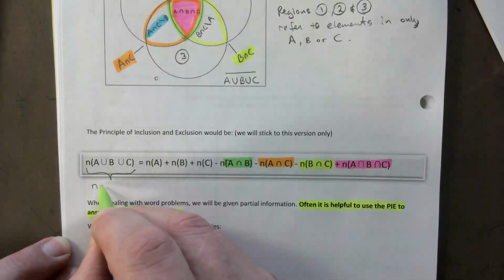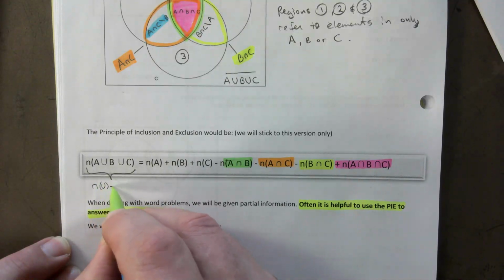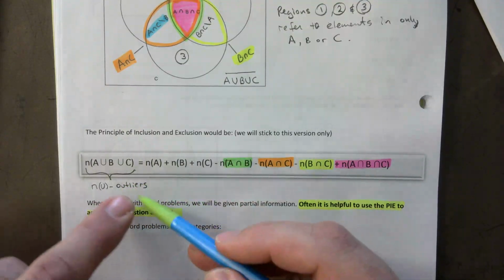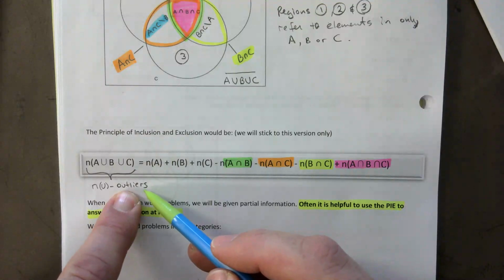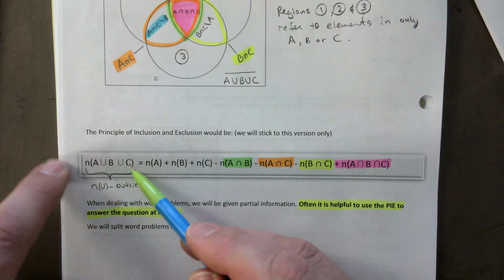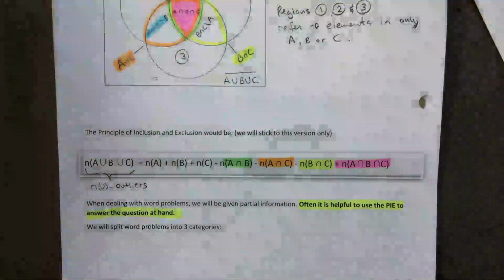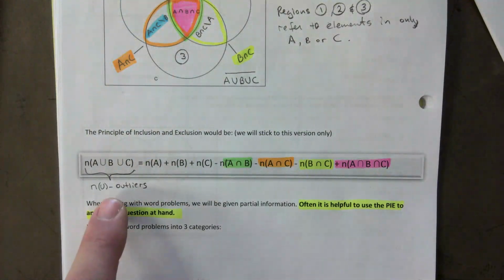If possible, you will go NU minus outliers. You always want to get rid of outliers if they are present, to come up with this number, okay? Because we're only dealing with what's inside the sets that have been created inside the universal. So make sure you add that in.